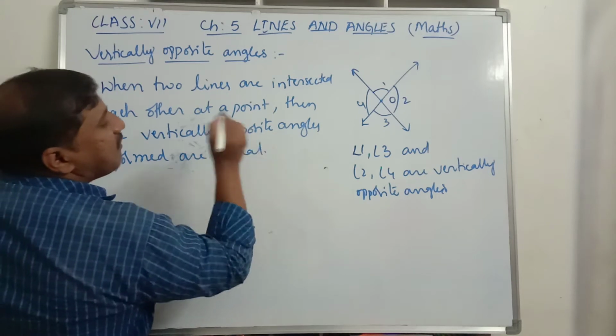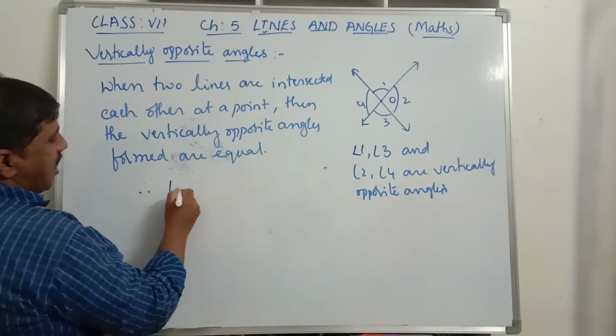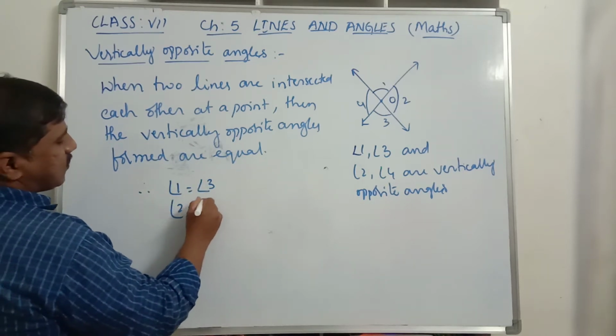They are equal in measure. That is from this figure. Therefore, what we can write here: angle 1 is equal to angle 3 and angle 2 is equal to angle 4.